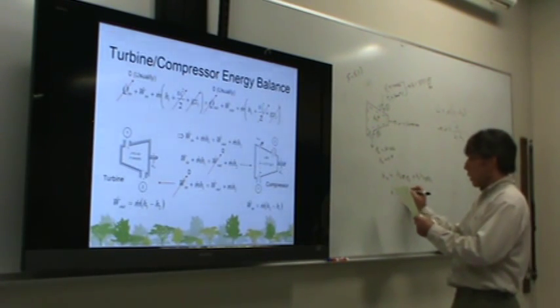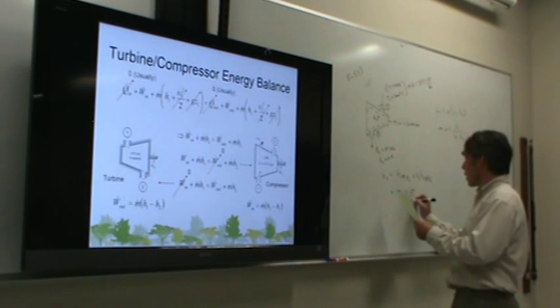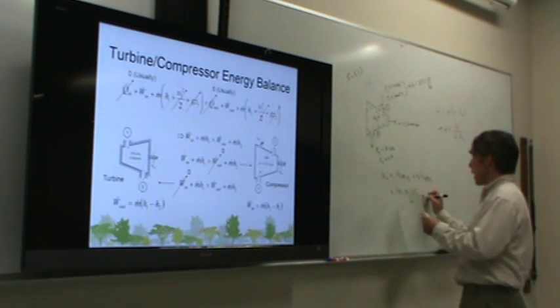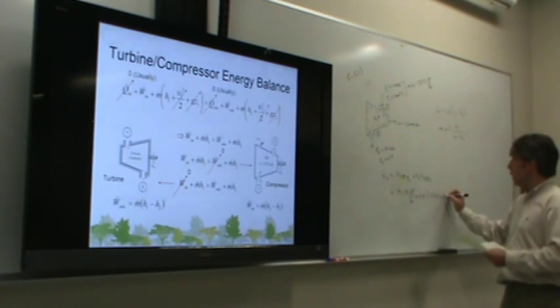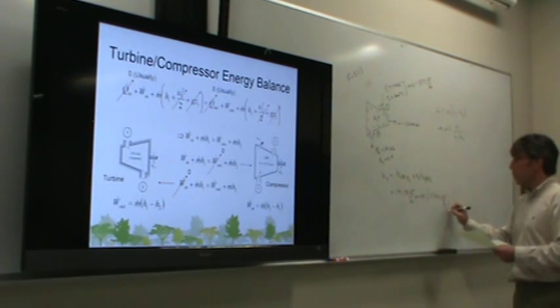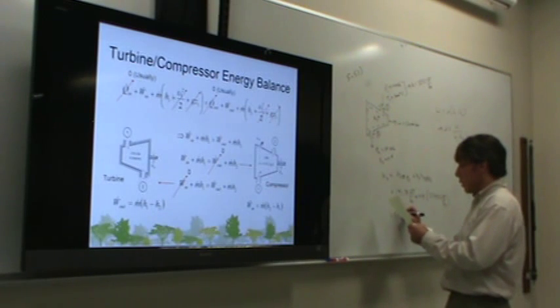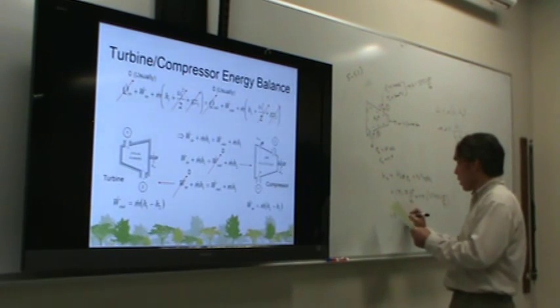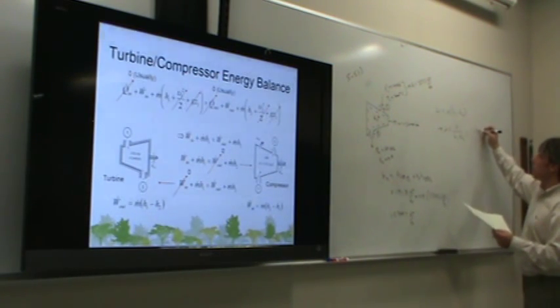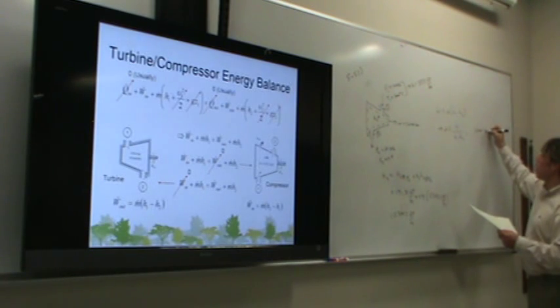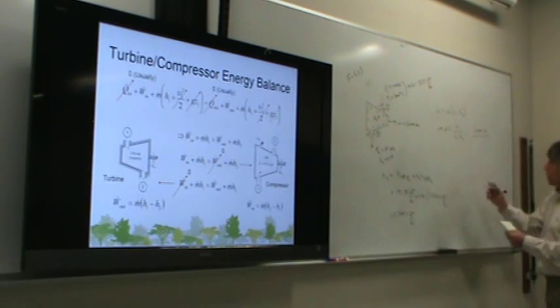It's 191.81 kilojoules per kilogram plus 90% of 2,392.1 kilojoules per kilogram. That comes out to 2,344.7 kilojoules per kilogram.